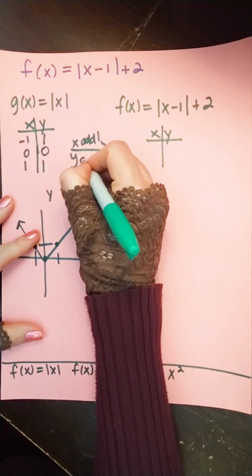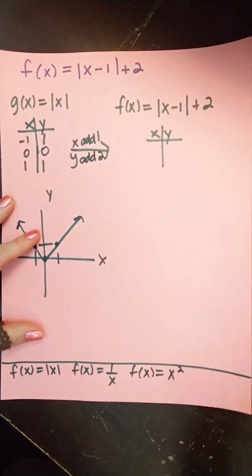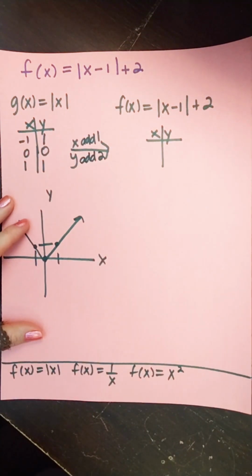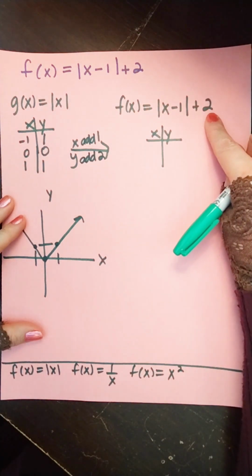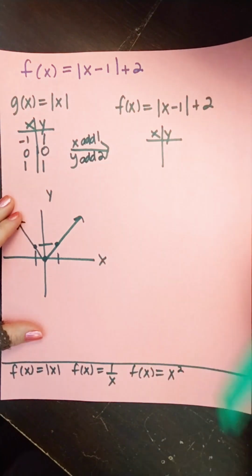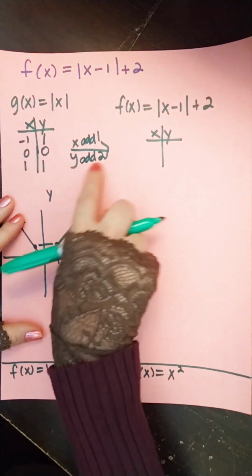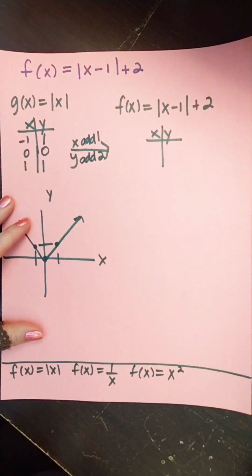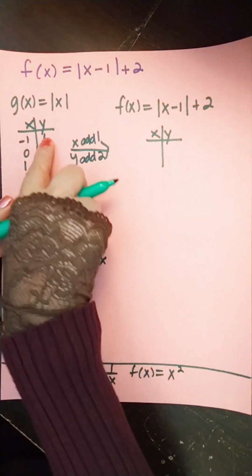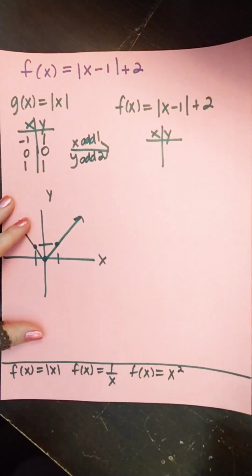The arithmetic that's being done to it is we're adding 2. And whatever you see being done to y, just as it is written, is what you're going to do here. Okay, so then to all these values here, I'm going to do this arithmetic on them so that I can get my transformation.